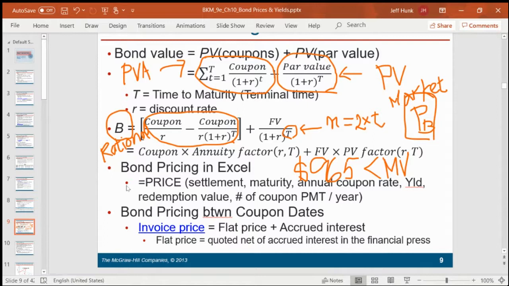So if you buy the bond now, you cannot just pay the flat price or clean price. Why? Because the seller was holding this bond for 2 months, right?